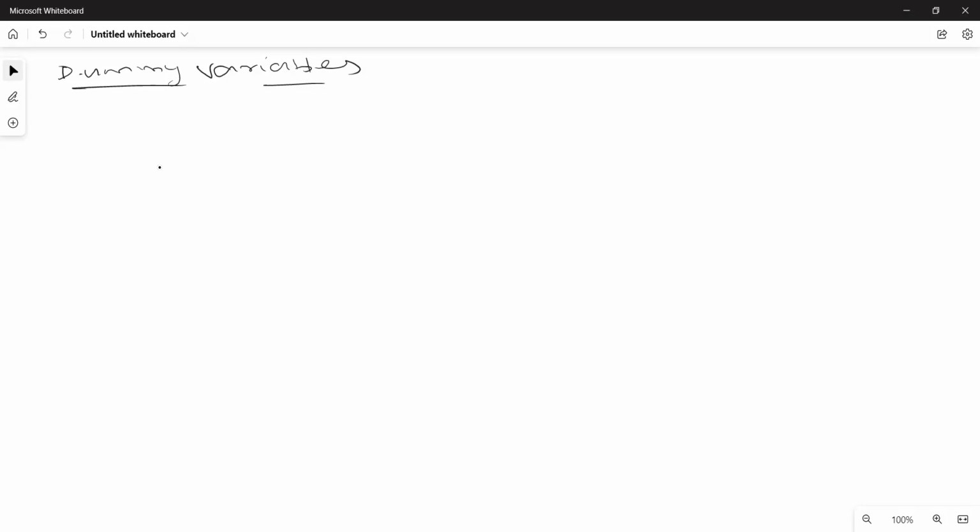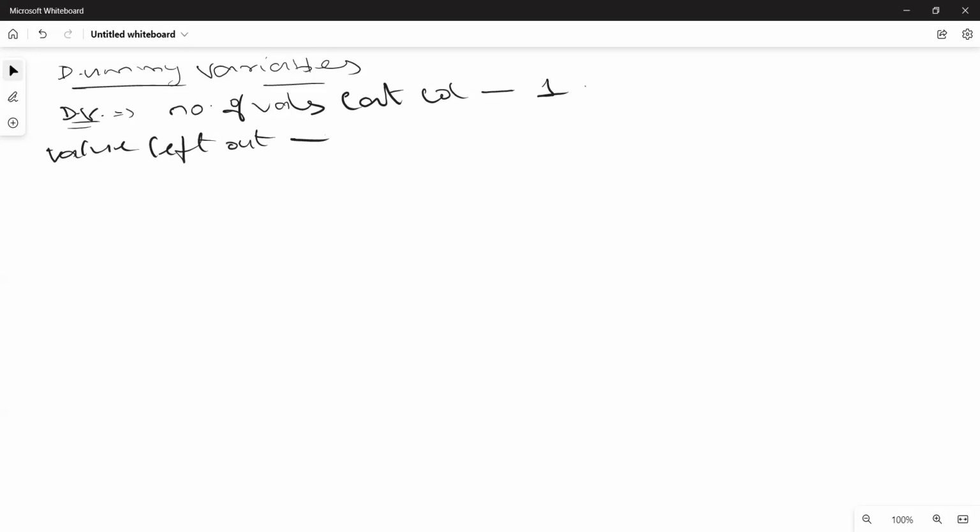So the formula for converting to dummy variables is: the number of dummy variables equals the number of values of the categorical data minus 1. The one value which is left out is called the reference class.